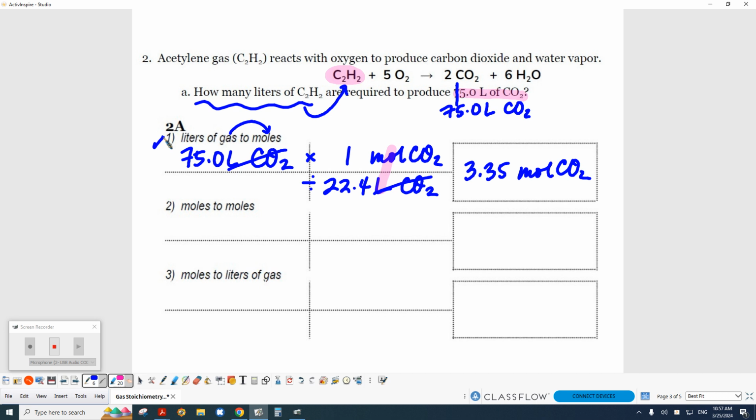Now that we know the moles of CO2, we're going to use that answer, 3.35 moles of CO2, and we're going to convert that from moles of CO2 by writing those units on the bottom. And what are we looking for? We are looking for the moles of C2H2 acetylene.